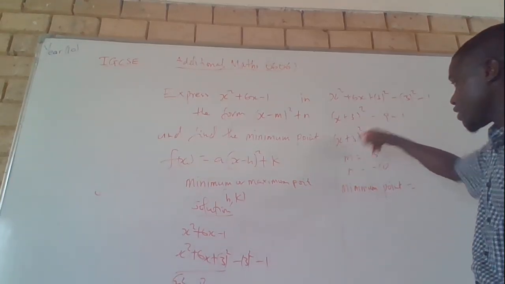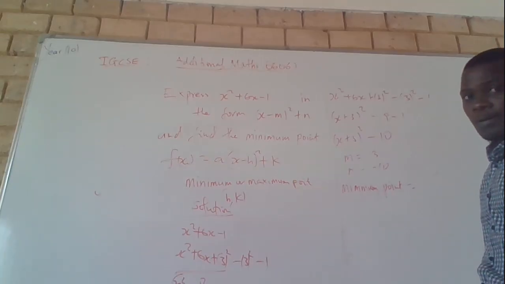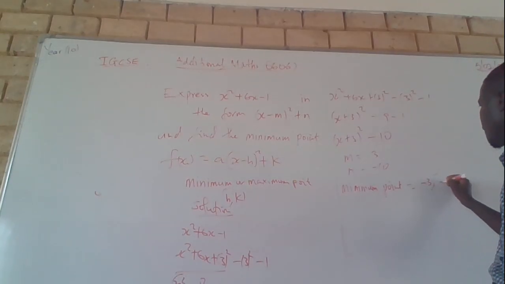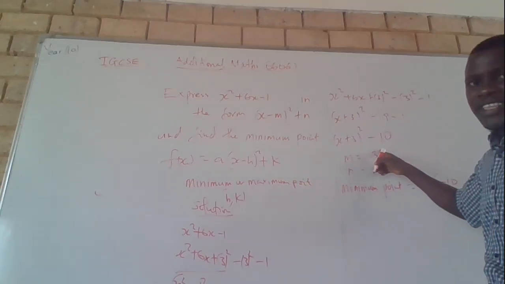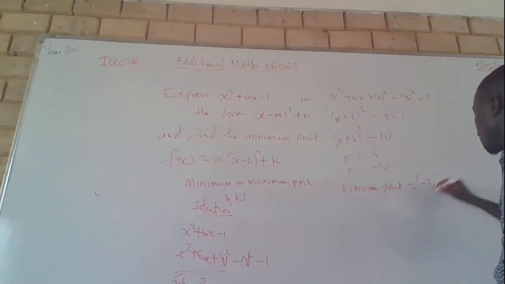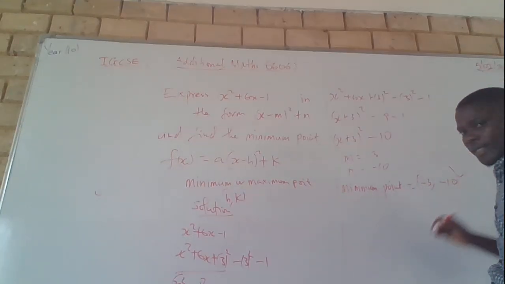If it is positive, we take the opposite. So here the minimum point is minus 3 comma minus 10. Whether it is negative or positive, you take the opposite for the x value. So this is our minimum point, and that answers the question.